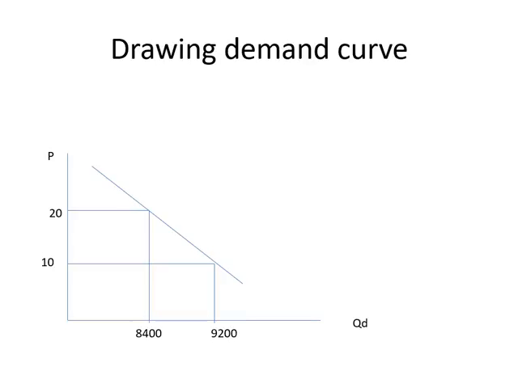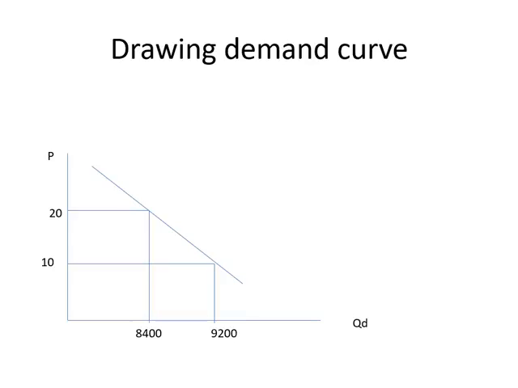Drawing demand curve, as we have learned from previous lectures, any demand curve or supply curve or any curve in your knowledge, it could be drawn with 2 points. So at P equals 10, the value of QD was 9,200.